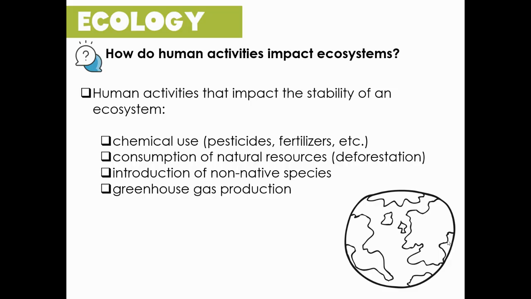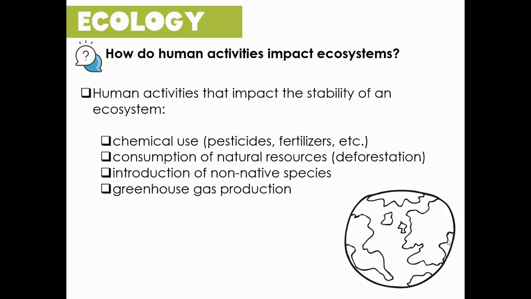And so many times I gave the example of deforestation and how that impacts ecosystems, because if you cut down trees, there's a chain reaction. Not only are the trees homes to many organisms in an ecosystem, but they're also responsible for pulling out carbon dioxide, which is a greenhouse gas.